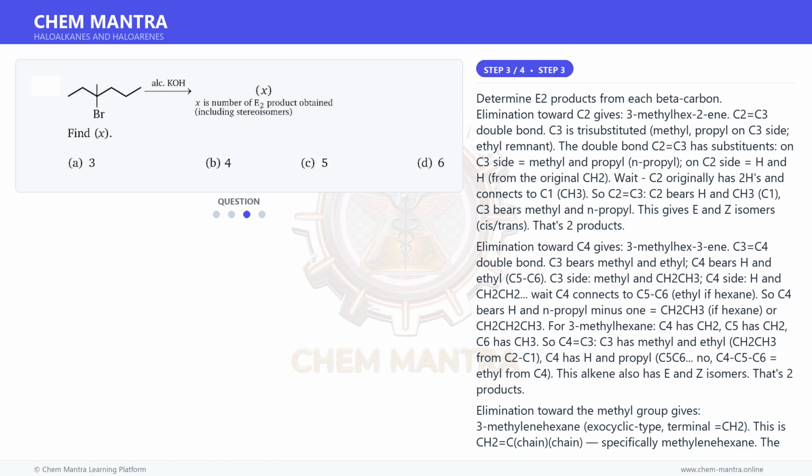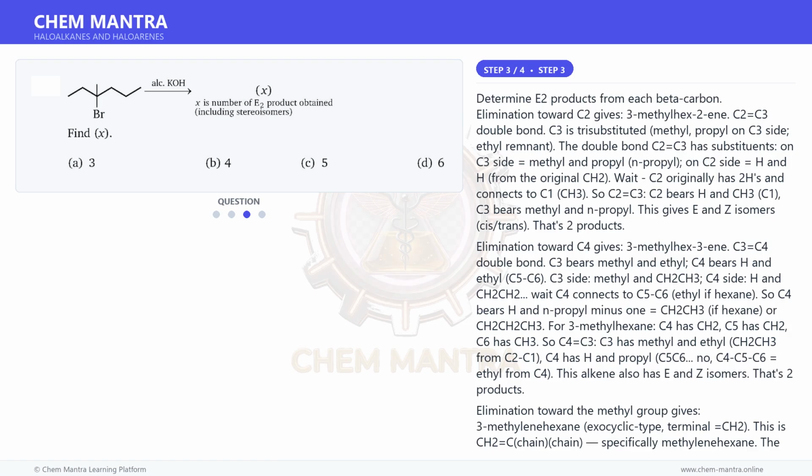So C2=C3. C2 bears H and CH3. C3 bears methyl and n-propyl. This gives E and Z isomers, cis and trans. That's 2 products.